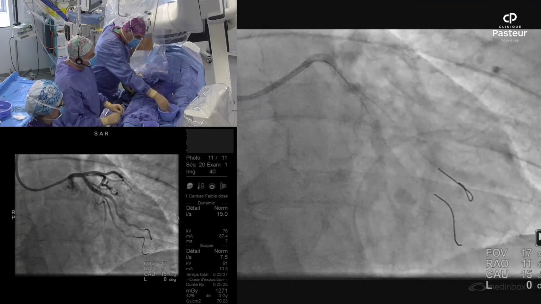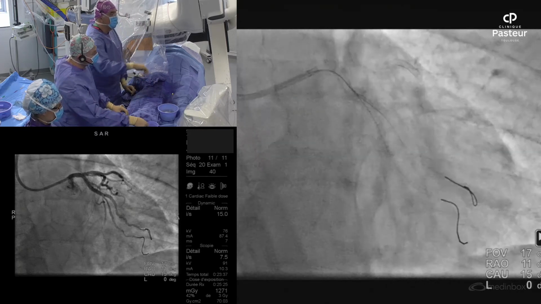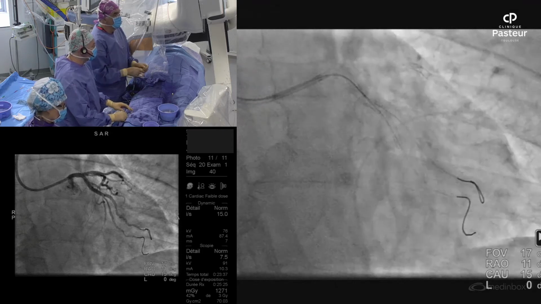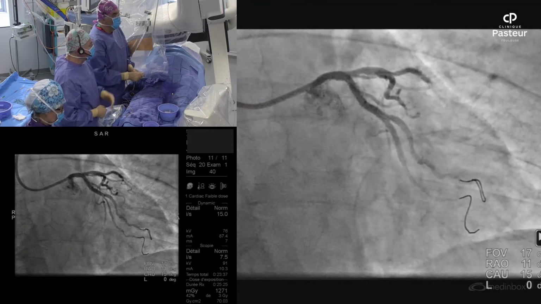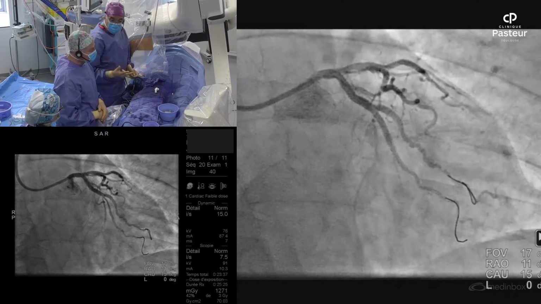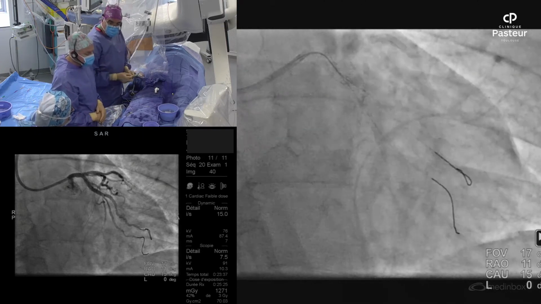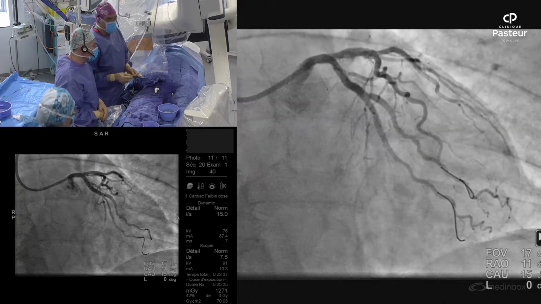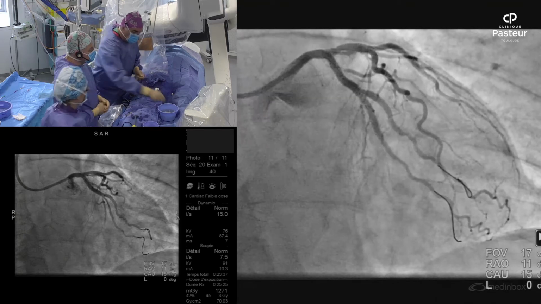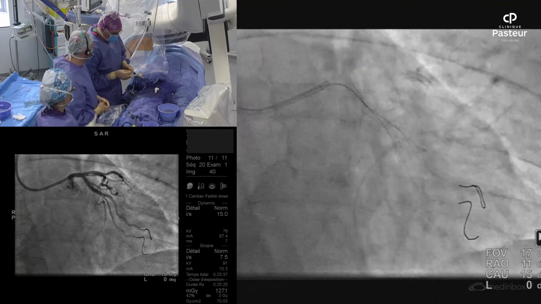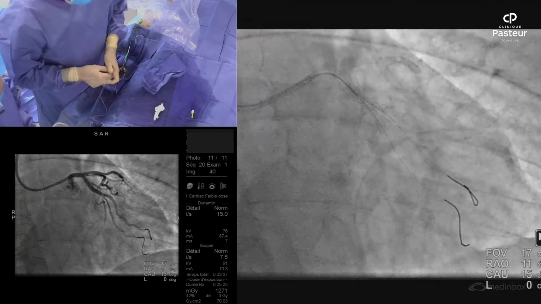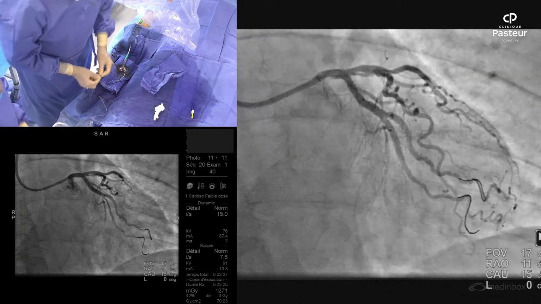The technical issue here is to be confident that we cross through the distal struts, because then the degree of protrusion of the stent in this branch will be less important. If we take the distal struts, then we can have a good coverage of the ostium without too much protrusion in the proximal part of the bifurcation.